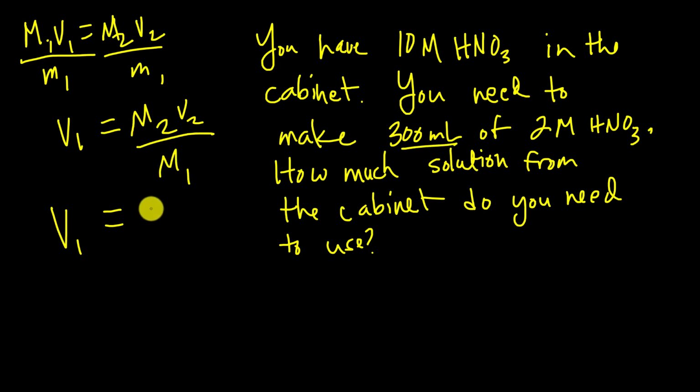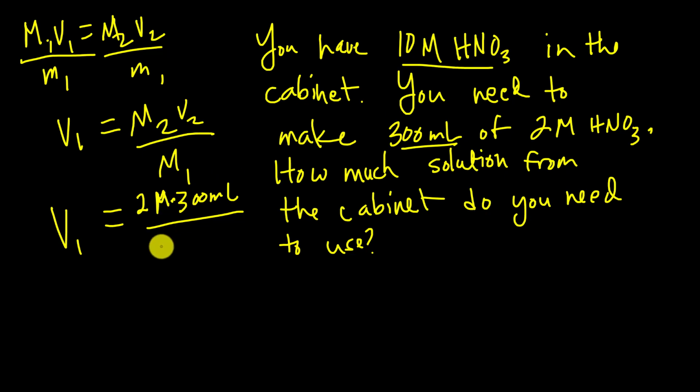So our M2, that's referring to our molarity after we've diluted this, is going to be 2 molar. So 2 M times the volume 2, our final volume that we want, is 300 milliliters, divided by the molarity at the beginning, the molarity of the solution in our cabinet.